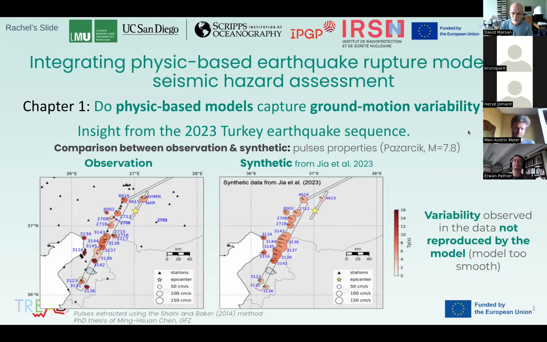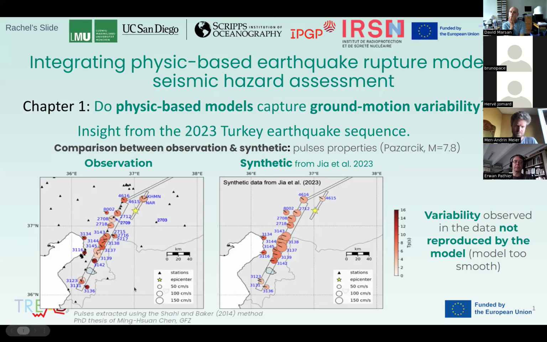Yes. So just to remind you of what I'm working on at the moment, the part that I'm working on focuses on trying to reproduce the pulse variabilities that are observed in nature. So this was done by the GFZ group in Potsdam, where what we're looking at on the left is observed data.